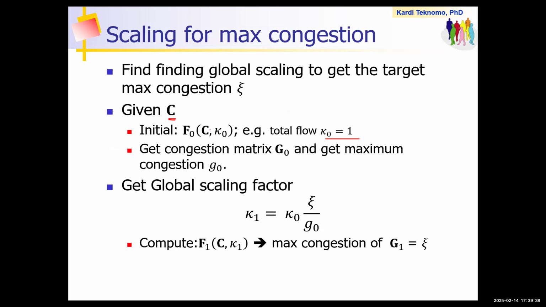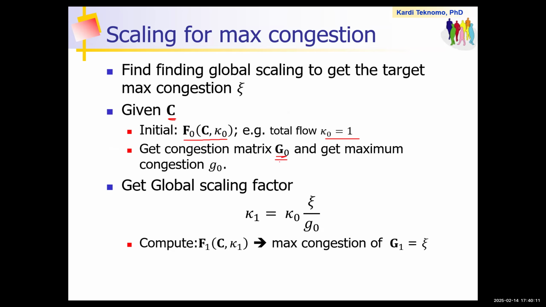Here I put 1, so you can get the ideal flow matrix. Let's call this F0. Now you get the congestion matrix, because congestion G is just F divided by C, an entry-wise division. So you get the congestion matrix G0.